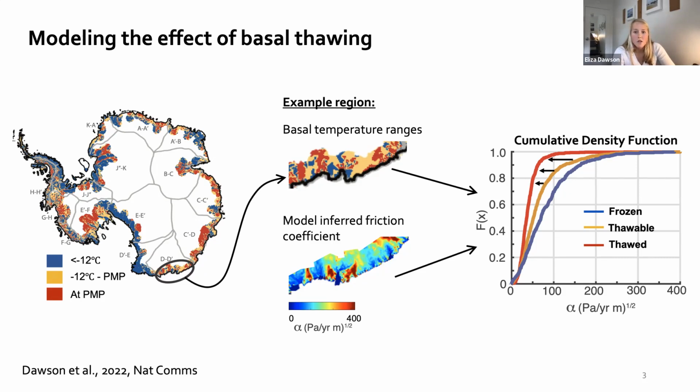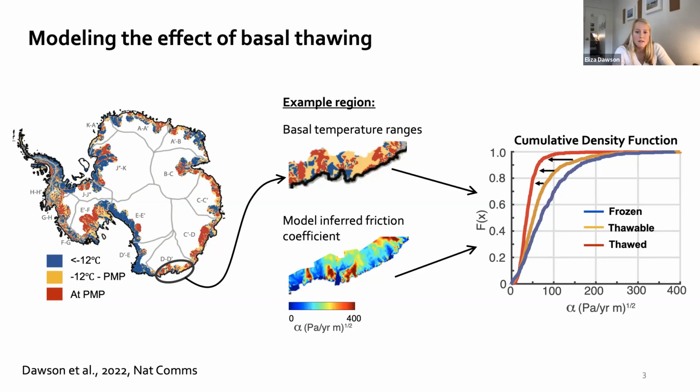When I plot the friction coefficients for each temperature category as a cumulative density function, which you can see on the right, the curves are different for thawed, thawable, and frozen, where thawed has the lowest friction followed by thawable in the middle, and then frozen with the highest friction coefficient values, which makes sense when you think about the relationship that should exist between basal slipperiness and thermal state.